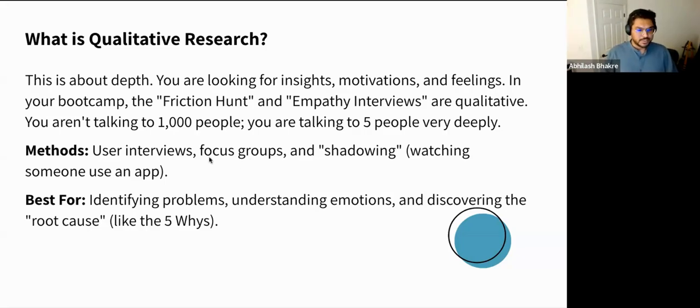The methods will be user interviews, creating focus groups, and shadowing, watching how they use your app. This will be helpful for identifying your problems. Maybe it will help you understand you need to update your design in a certain way, understanding their emotions while they're conducting the task, and discovering the root cause of the issue they're facing in their current experiences.